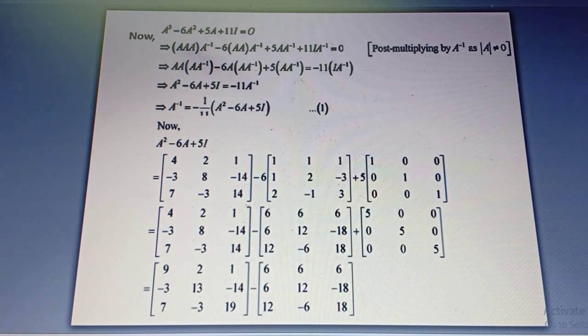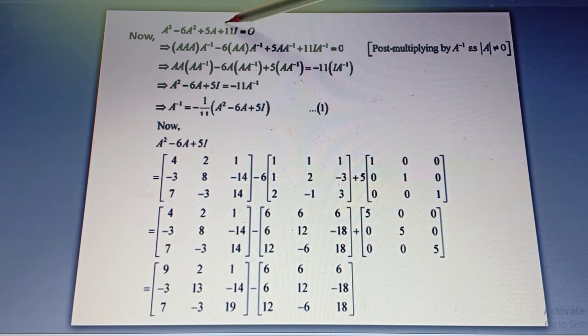So students, here A cube is there, so first of all we multiply both sides by A inverse. When you multiply both sides by A inverse, here it will be A square, and here it will be 6A, because each and every element you have to multiply by A inverse. Then A inverse and A get cancelled, so here it will be A square, 6A, 5, A inverse cancelled, and 11 A inverse.